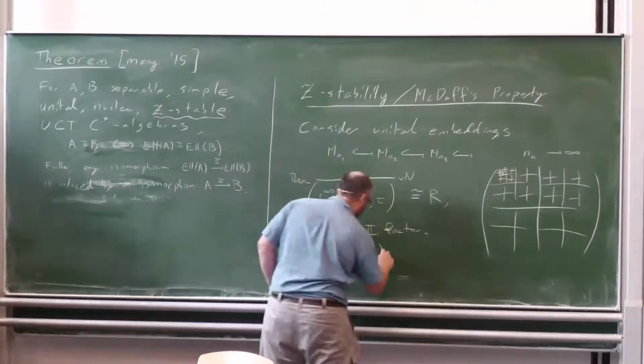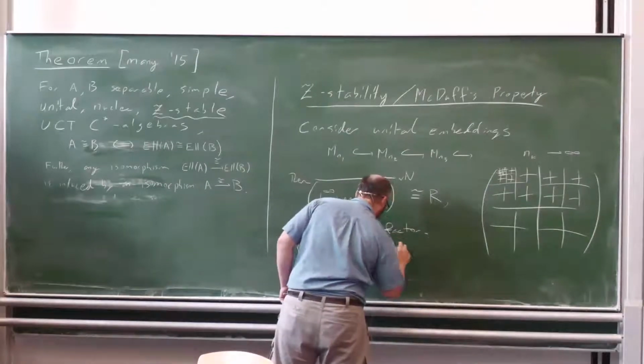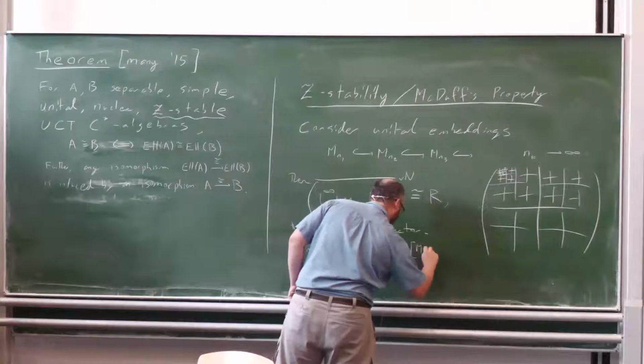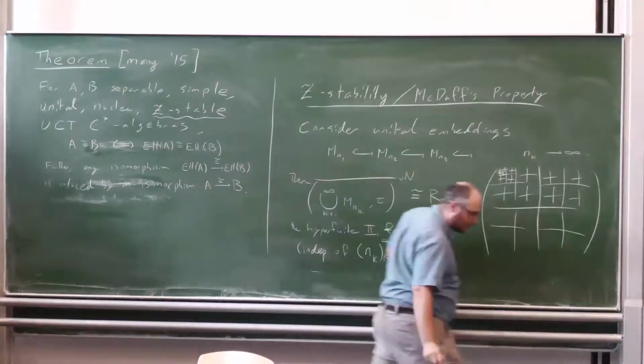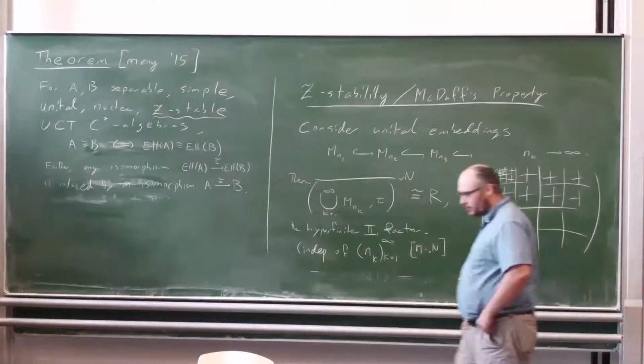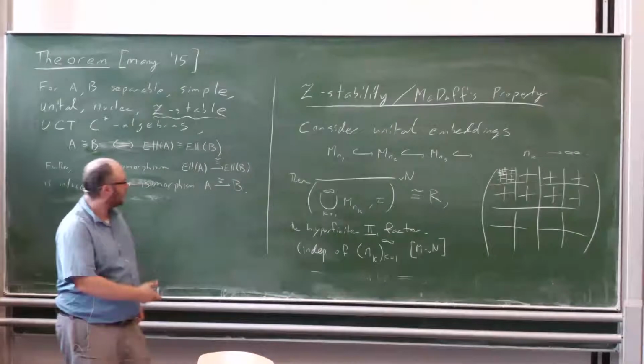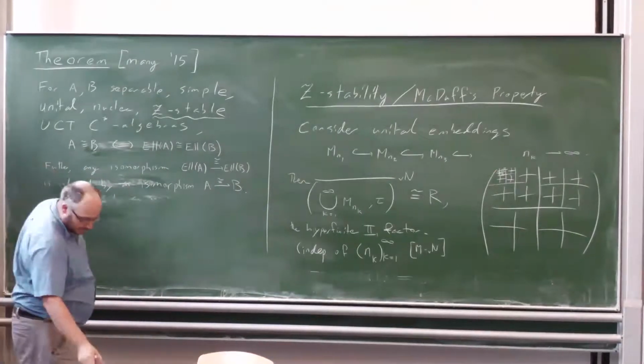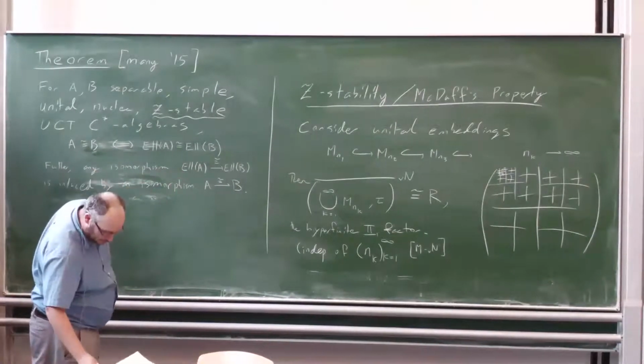It does not depend on how you choose the sequence of embeddings to start with. It's due to Murray and von Neumann. Okay, I think this came up in Jesse's talk on Tuesday as well. I think even defined this way with just powers of 2.